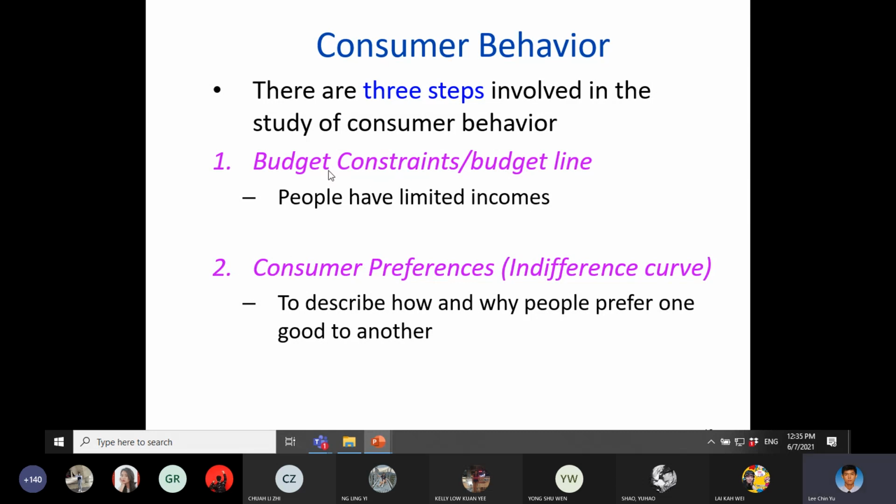Then the second step, we need to understand consumer preferences, which we can draw in a graph based on the indifference curve, which is used to describe how and why people prefer one good to another. So far we have limited income, and we know the consumer preferences.